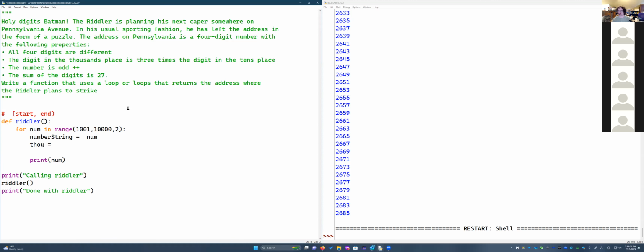Never include the end point. Always include the start point, never include the end point. So the thousands place is equal to num 0.